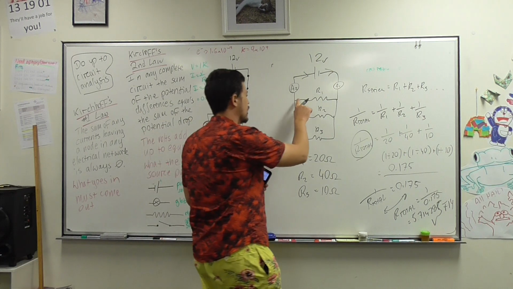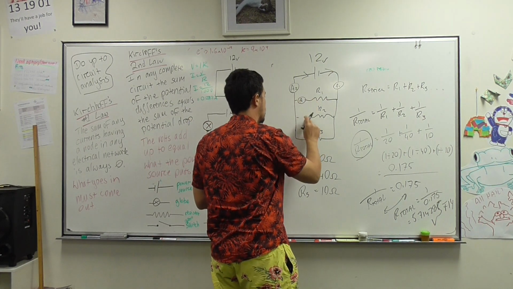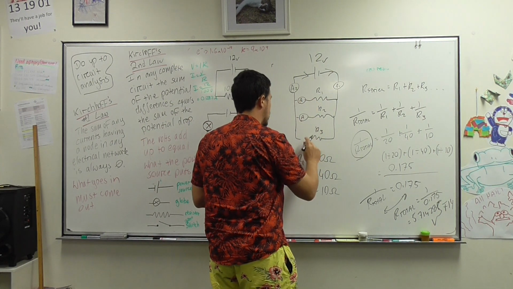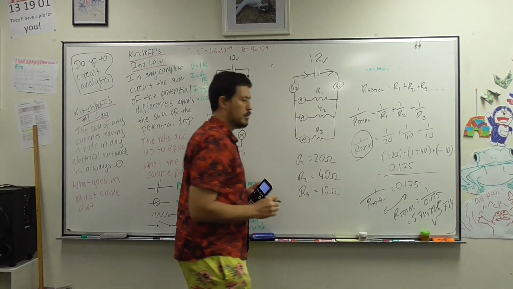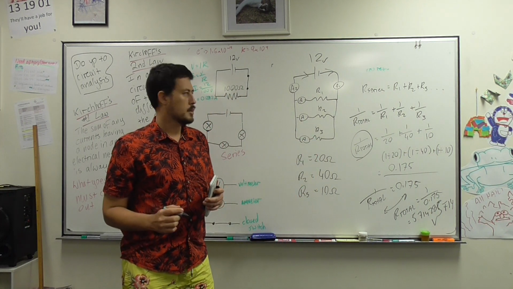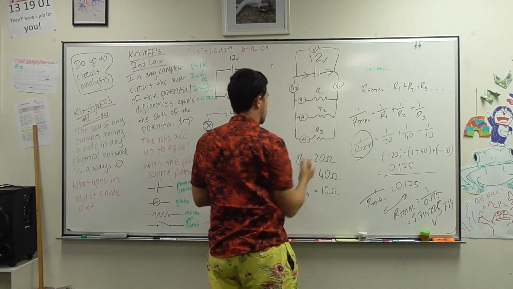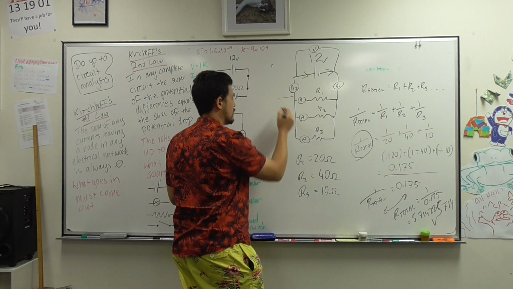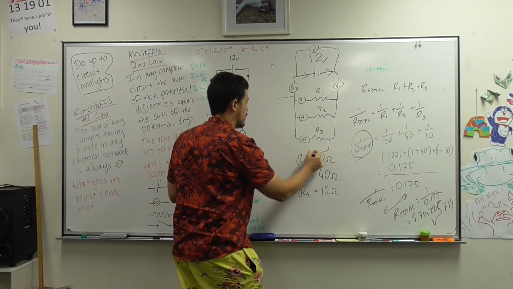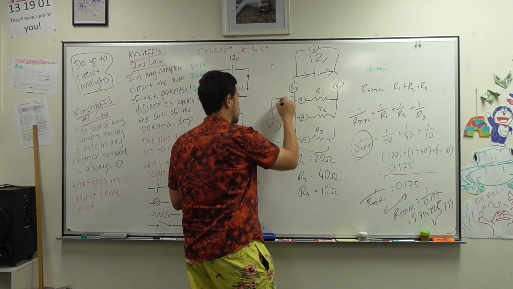So if you put an ammeter here, an ammeter here, and an ammeter here, they're all going to read something different. Now if you put a voltmeter across the entire circuit like that, even you could do it like this, and it would still achieve the same result.